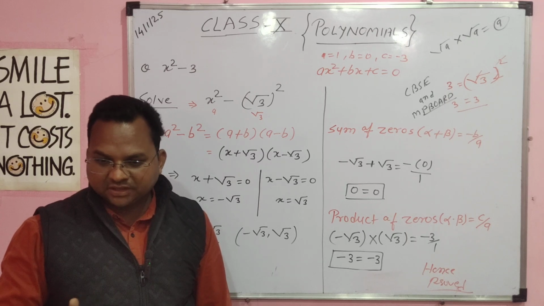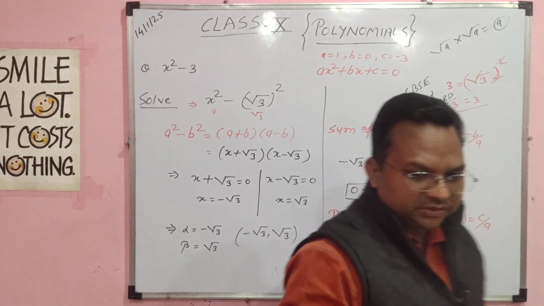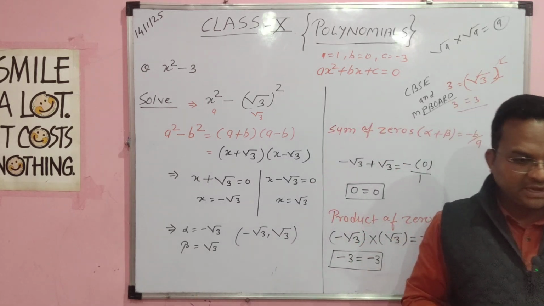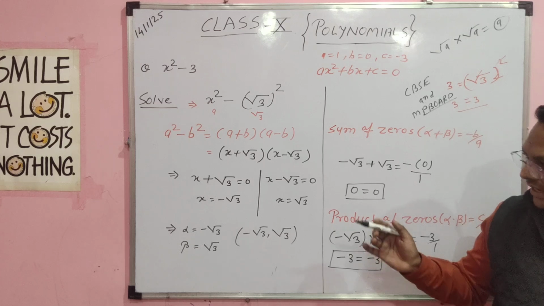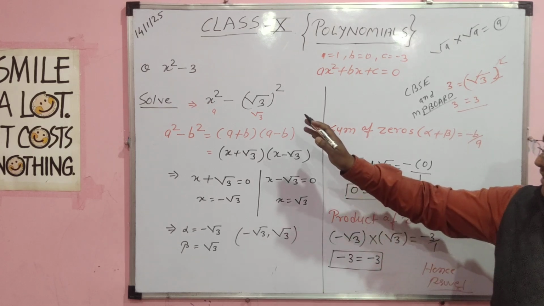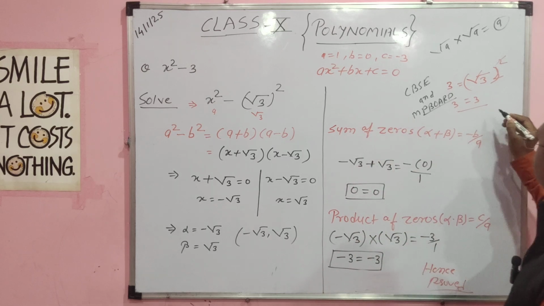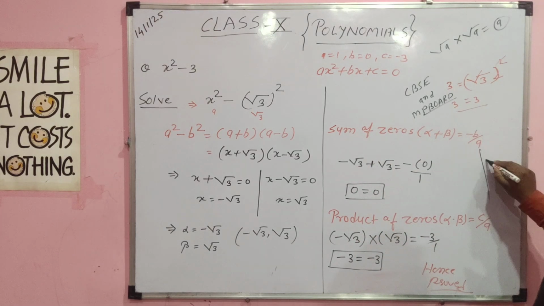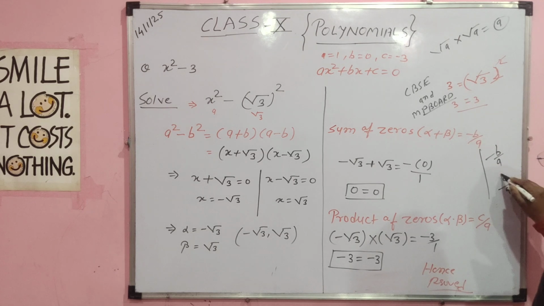Okay, for 1 mark. Like CBSE has two types of annual question papers. First is the basic and second is the standard. So in a basic question paper, they directly ask what is the sum of zeros. Sum of zeros means minus b upon a, and product of zeros means directly c upon a.